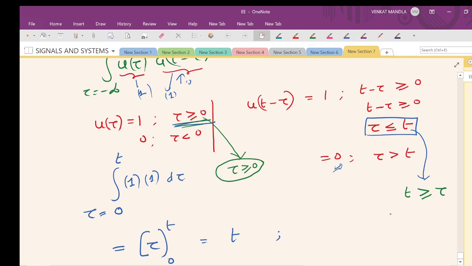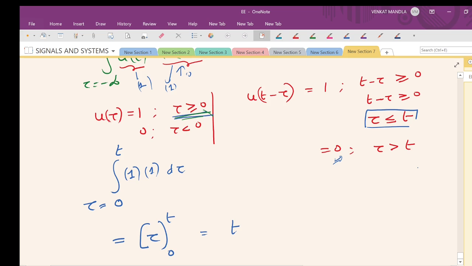So t should be greater than or equal to the lowest value, 0. If tau is greater than or equal to 0, t is also greater than or equal to 0. So t starts from 0 to infinity.